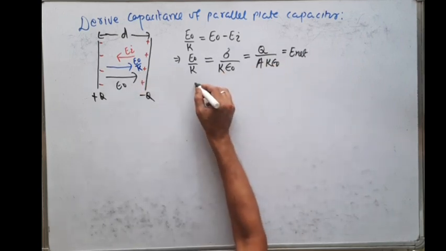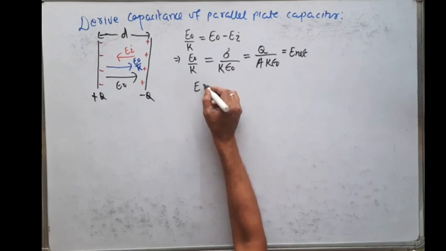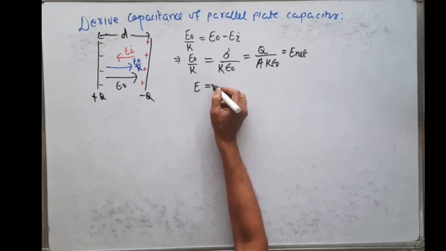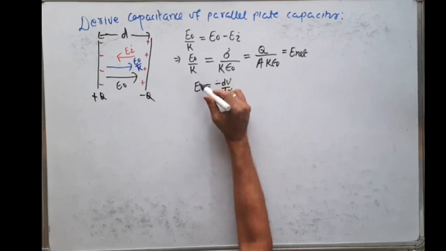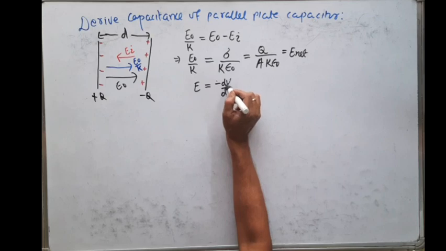But we know the relation between electric field intensity and potential difference. The electric field is equal to minus dV by dr. The minus indicates the electric field is along the direction of the loss in potential.